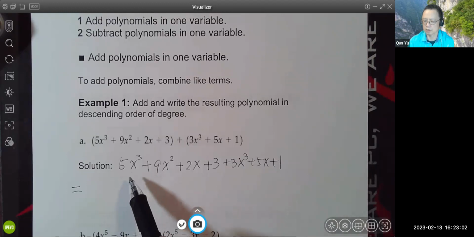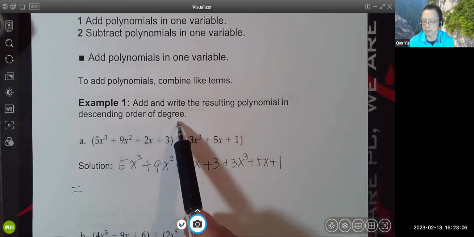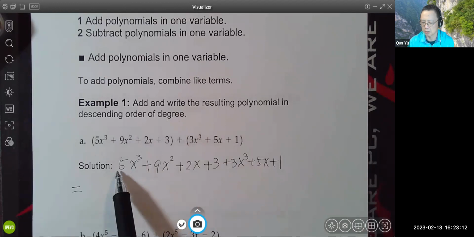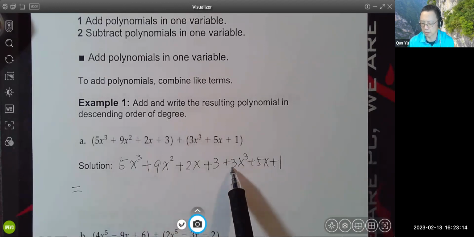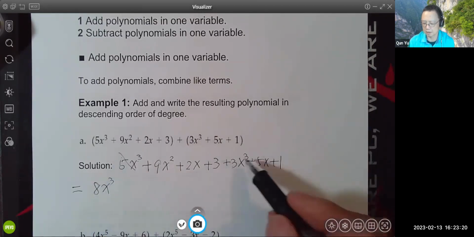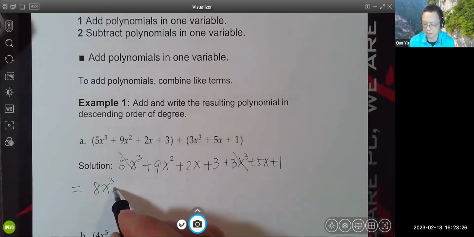Since we want to write this final result in the descending order of degree, we look at the highest degree first. This is x cubed, this is x cubed. Positive 5, positive 3 combined, that's positive 8x cubed. So these two are gone. Now next in line is x squared. We only have one x squared, so nothing to combine with.